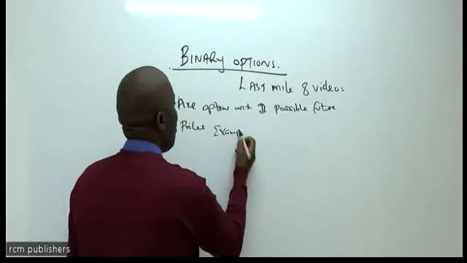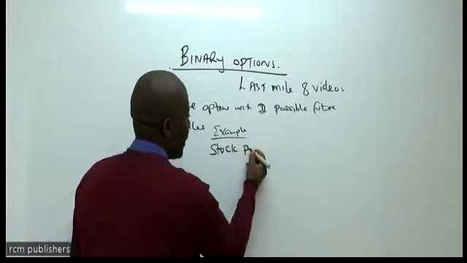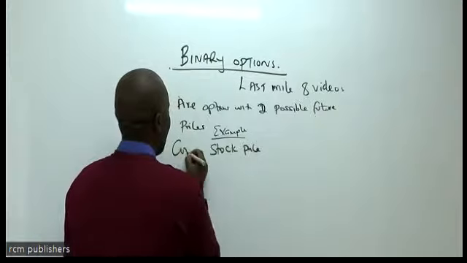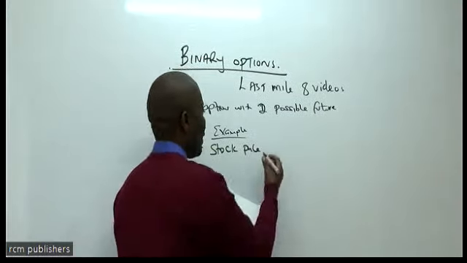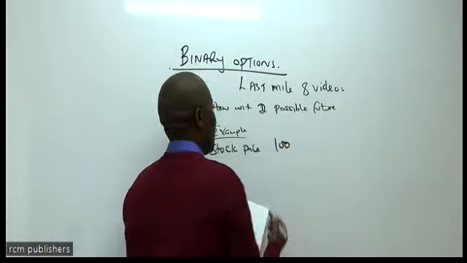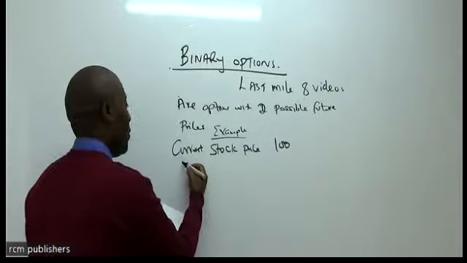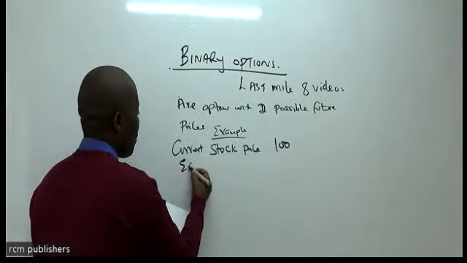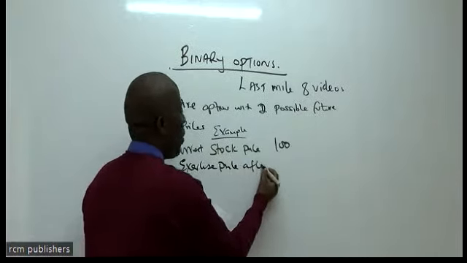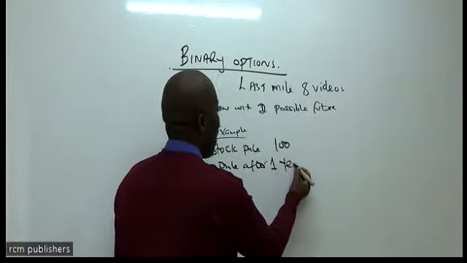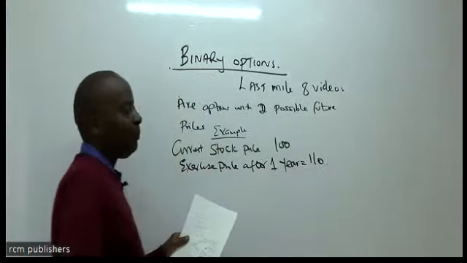In this example, they have given us the stock price, the current stock price, call it current. The current stock price is 100 Kenya shillings. The exercise price after 1 year will be 110.